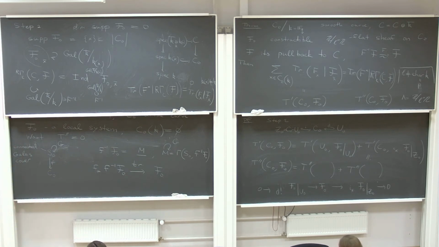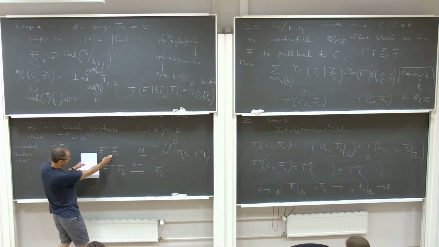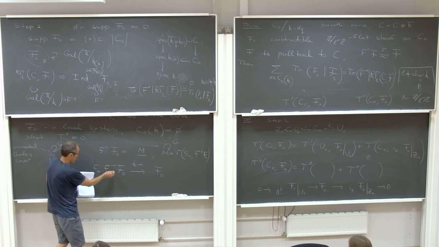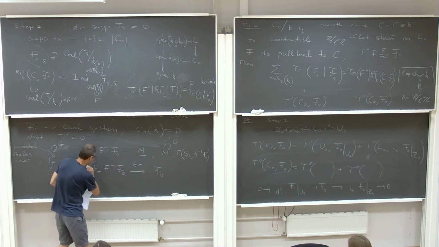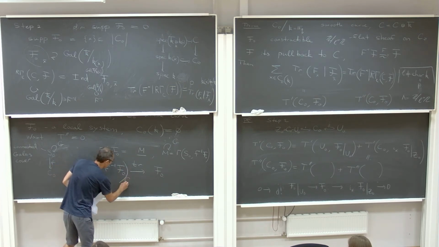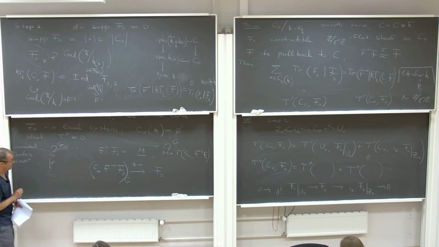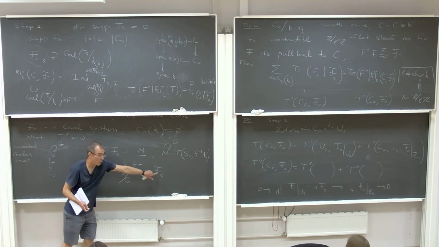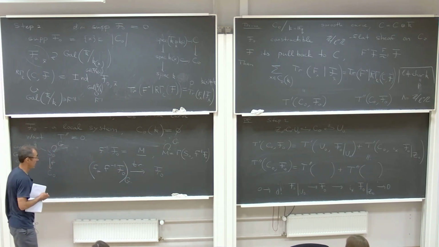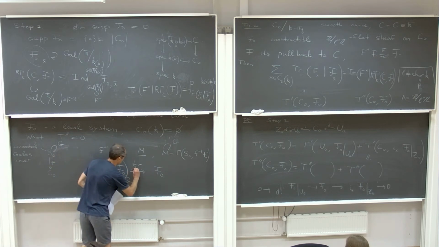Okay? So now this sheaf was equivariant. So in particular, it means that you have an action of G here. And this map actually factors through G invariants, because there is no action of G here. And I claim that this is an isomorphism.